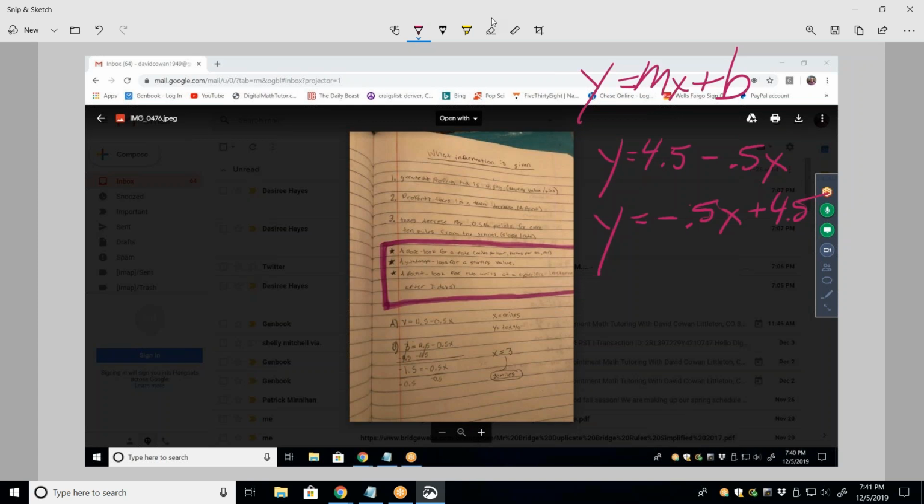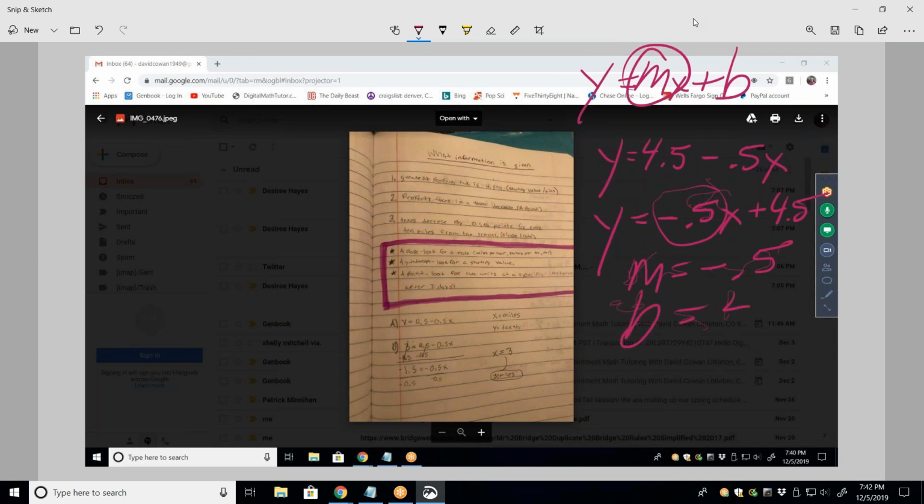The slope is m. The slope is whatever is in front of the x. Well, what's in front of the x? Minus 0.5. What's the y-intercept? What's b? 4.5. Yeah.